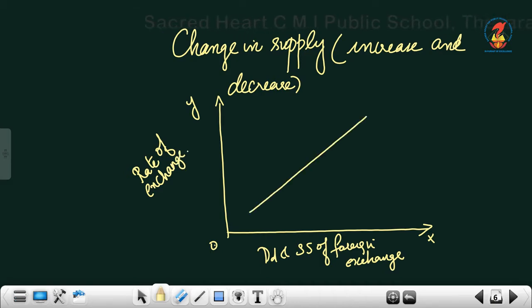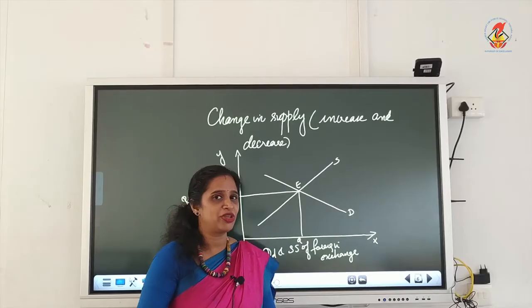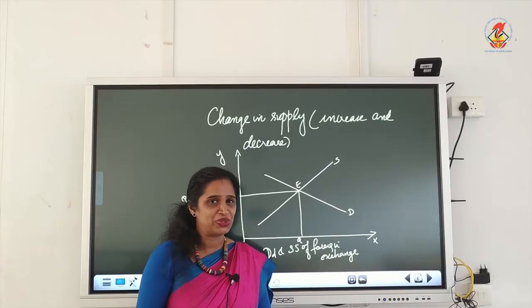You can look here where the supply curve is drawn upward sloping, along with the demand curve. This is the equilibrium rate of exchange OR. Now here the demand curve will remain constant and the supply curve is going to change.